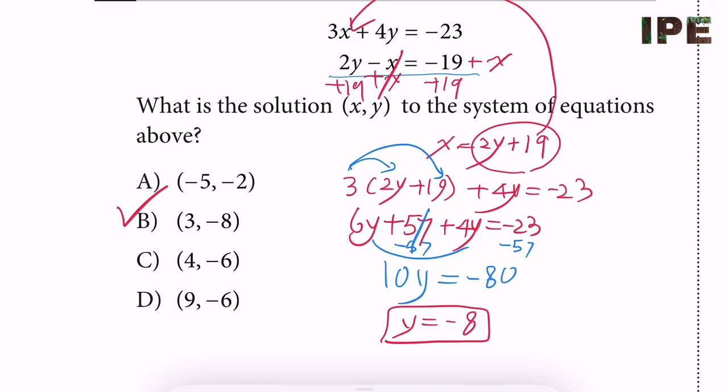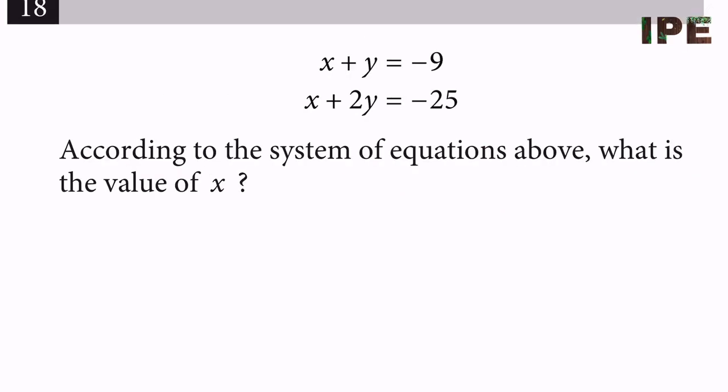Anyway, there are many ways to solve this problem, but I strongly recommend you solve it by substitution. Next, x plus y equals negative 9, x plus 2y equals negative 25. According to the system of equations above, what is the value of x? Oh, you don't need the value of y. We need just the value of x, right?